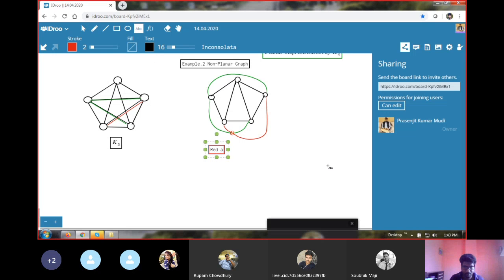So green colored edges are meeting at a point that is not a vertex of the given graph.